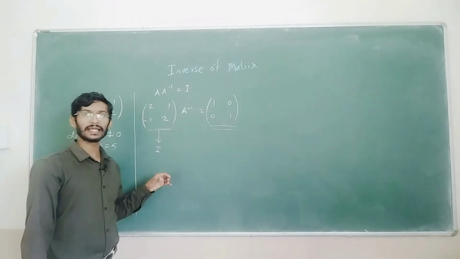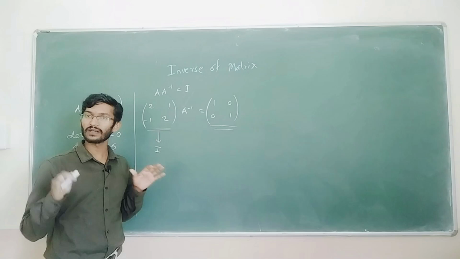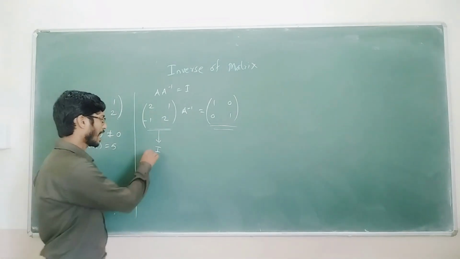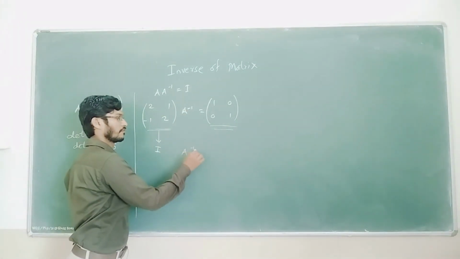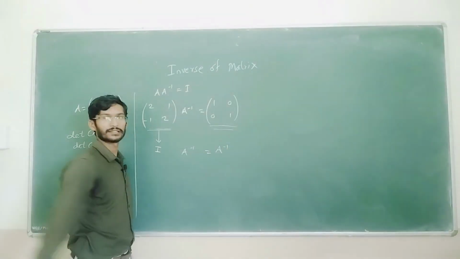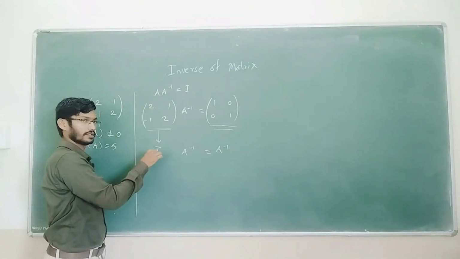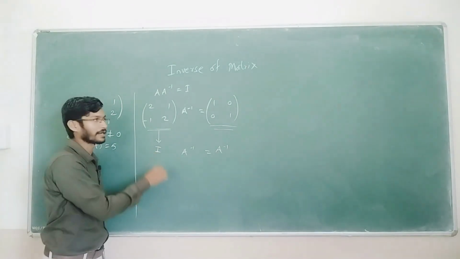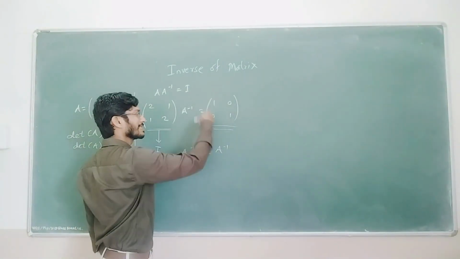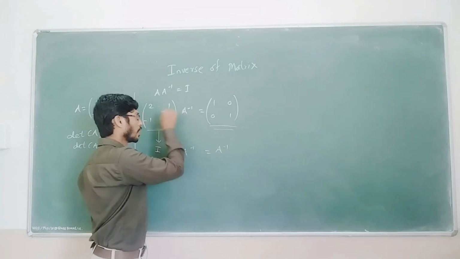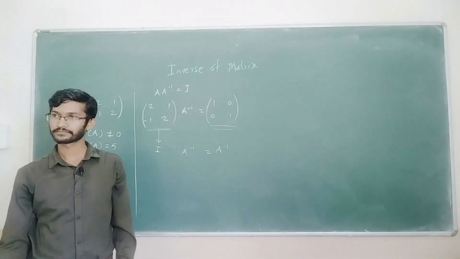If I multiply any matrix with I, the matrix will remain the same matrix. So I into A inverse will become A inverse. So when I transform this matrix into the unit matrix or identity matrix, I will convert this identity matrix into the inverse of the given matrix.